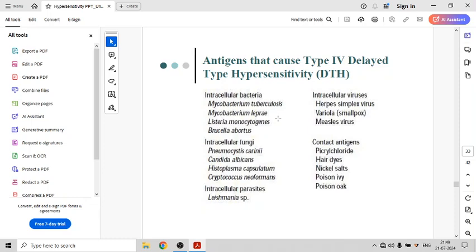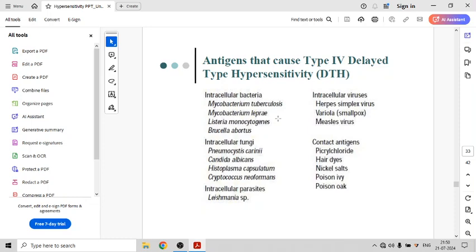Even the intracellular parasite Leishmania, which causes Kala Azar, the black fever. Leishmania is a protozoan parasite which lives within the cells and causes the fever, called black fever or Leishmania fever, and this parasite also is known to cause DTH response.